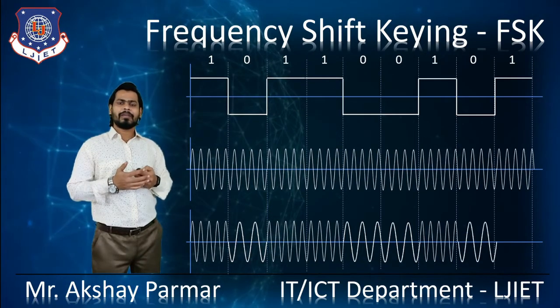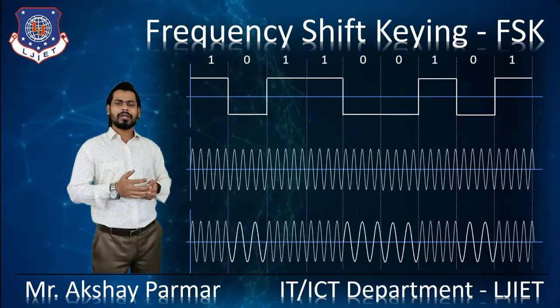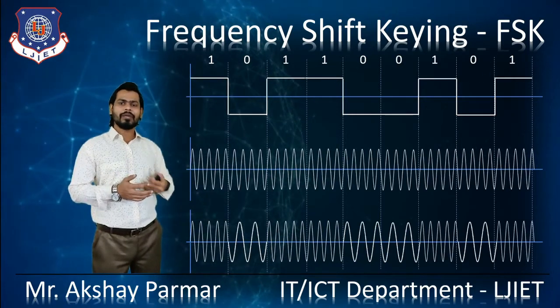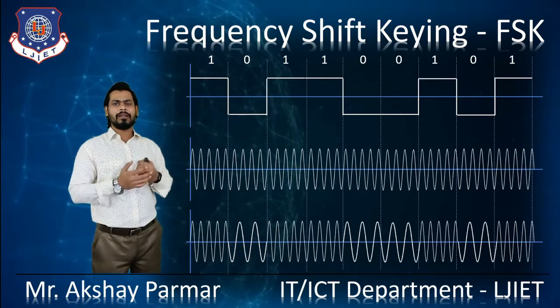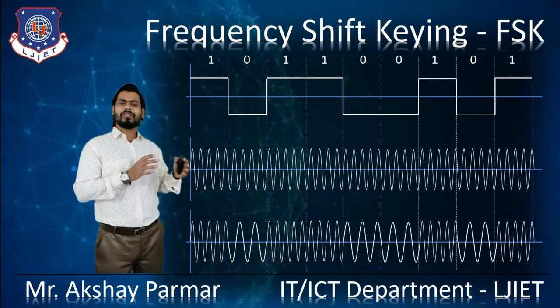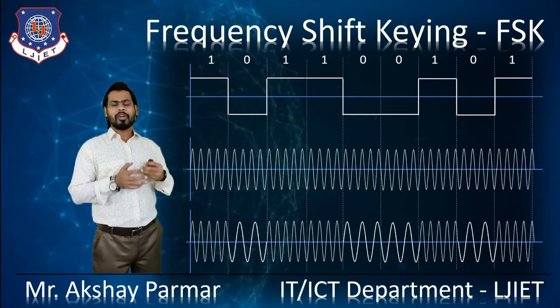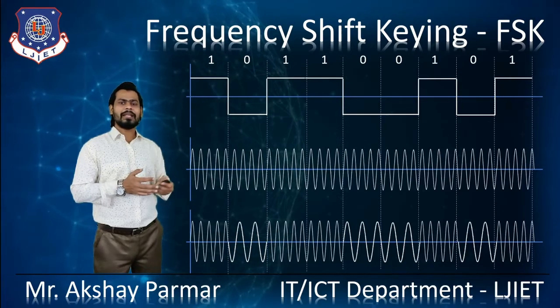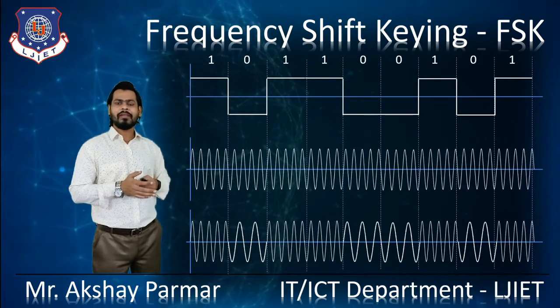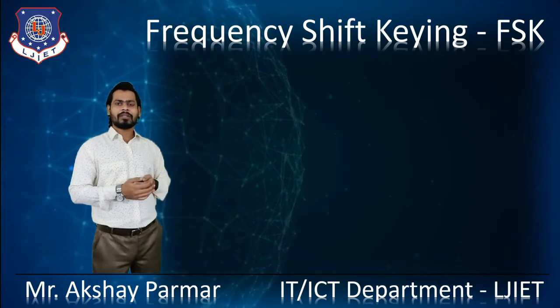So that's how we represent that bit sequence by the analog signal, converting the digital data into analog data. This is about frequency shift keying. In ASK, we modified the amplitude of the signal, and in frequency shift keying, we modify the frequency of the analog signal, right?